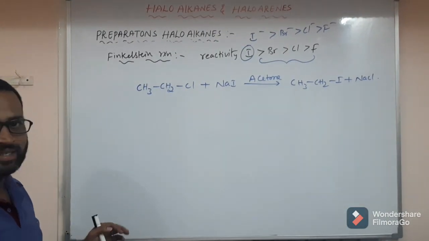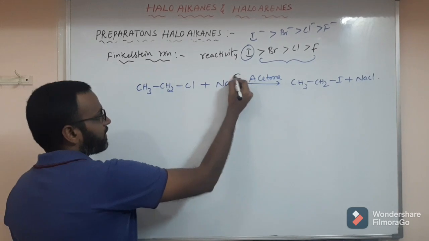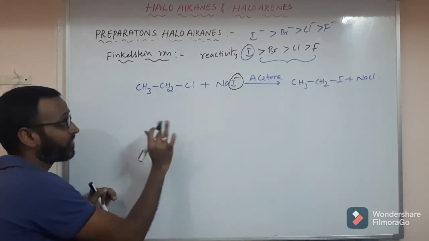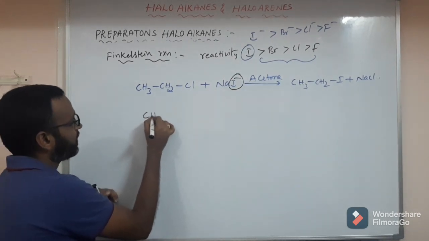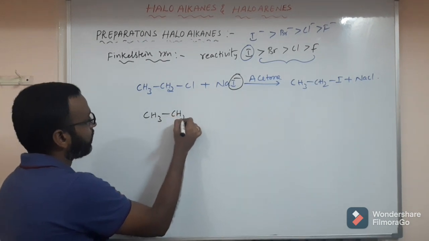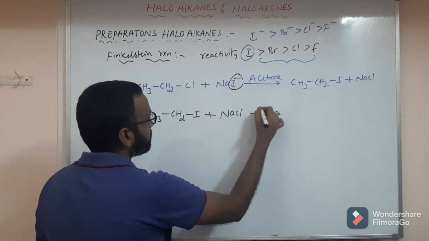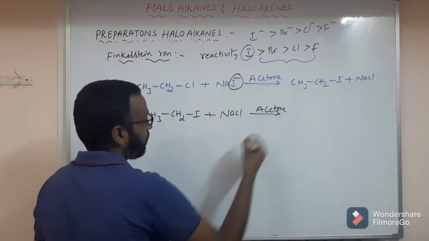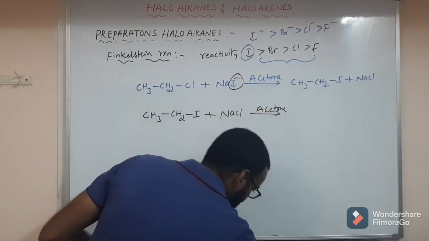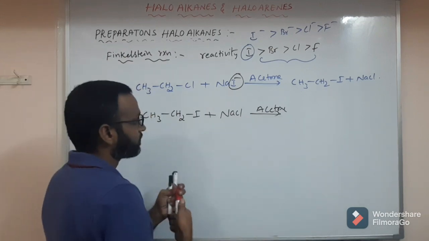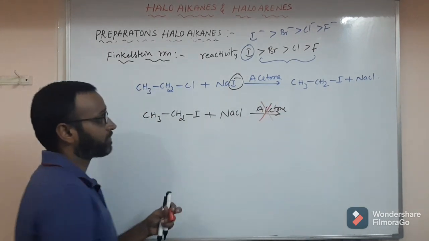This is a Finkelstein reaction. See, I minus is replacing chlorine. But if you take the reverse reaction like this, CH3CH2I reacting with NaCl in presence of acetone, then you can say this reaction won't happen.